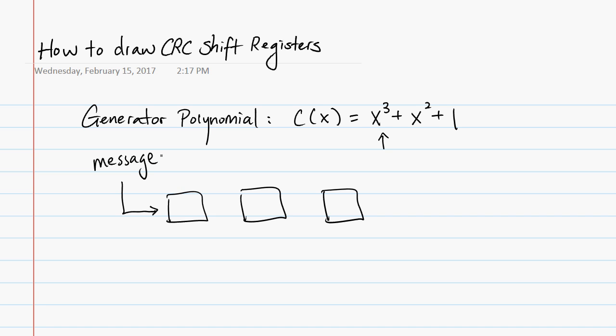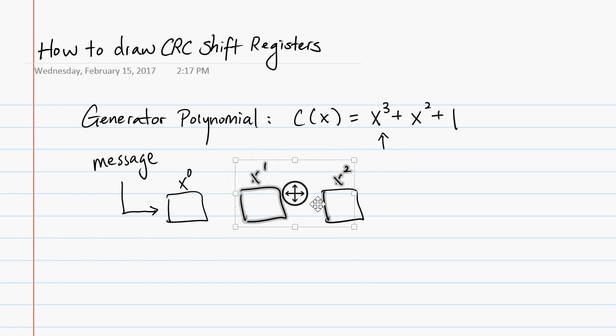The message is constantly fed into these registers, and the contents of the registers will be your remainder. This will be our x0, this will be our x1, and this will be our x2. Again, we don't have an x to the 3rd, so we don't have a register for that.